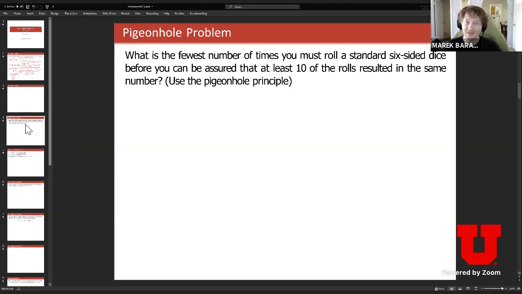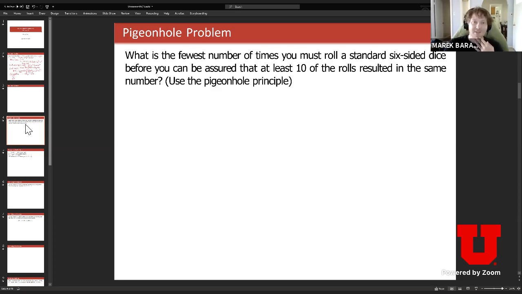So, can someone get me started on the pigeonhole problem? Okay, yeah, so Charlotte, 2 to the n times n plus 1 instead of it being the next step. Yes.